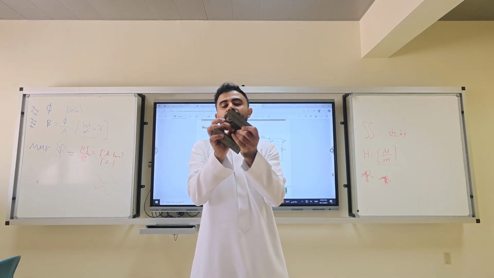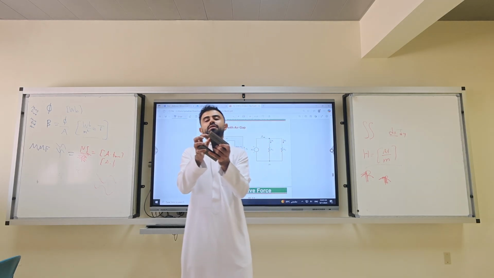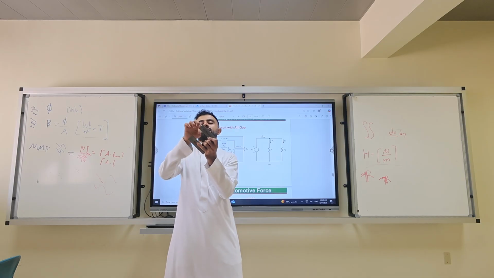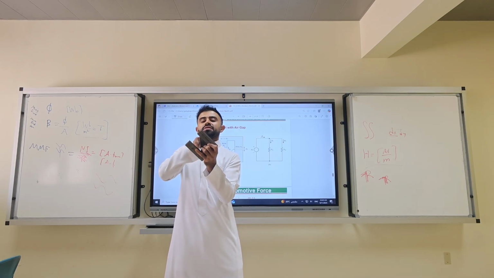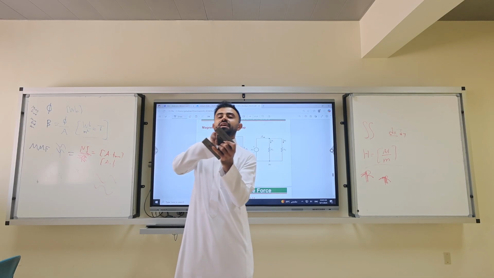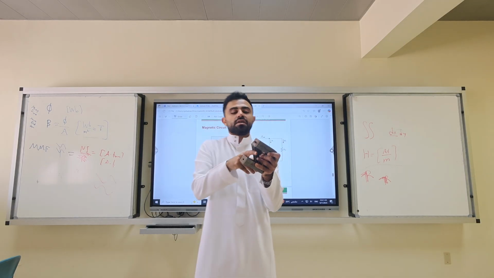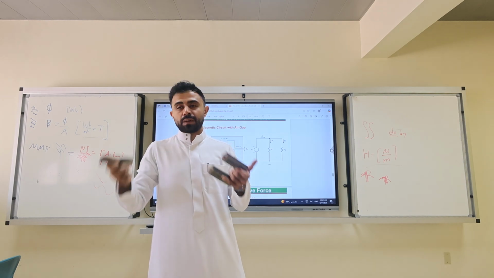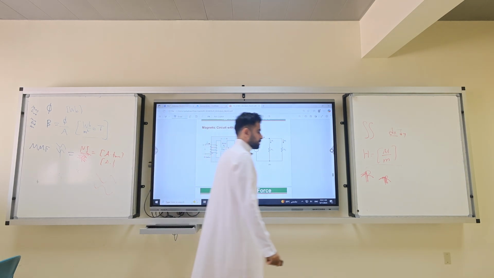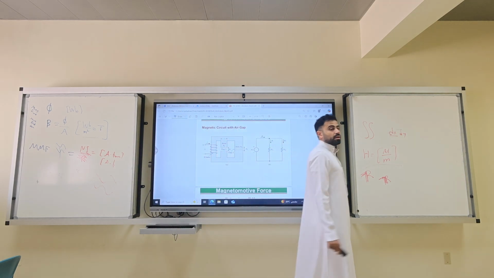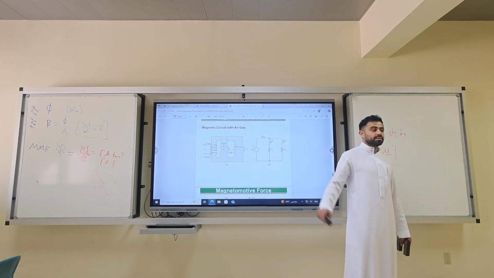So what is the air gap if you have a design this way? The flux would go here. This is the air gap. This is not an air gap, and this is not the direction of the flux path. This is in the direction of the flux path. So the air gap is the gaps in the flux path. What is the air gap here? The triangle, it doesn't include the outside.